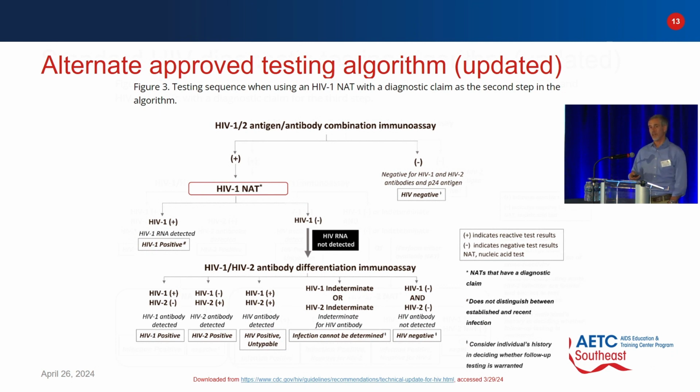And if you have P24 positivity alone within the presence of a positive HIV-1 NAT, then you can say that person is acutely infected. But otherwise, and a lot of people are not using that technology yet, you cannot distinguish between acute and chronic using this particular algorithm.